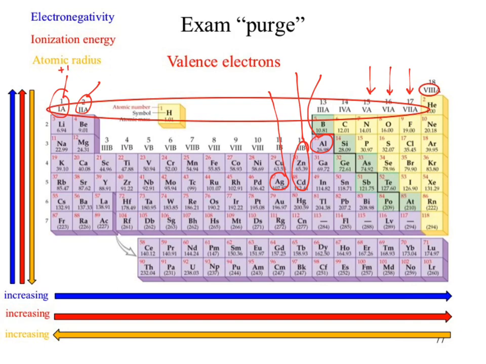This is a +1, +2, +1, +2, +3, -3, -2, -1. Who's saying the charges aren't that big a deal? It may not be that big a deal on this exam. As soon as we move to nomenclature, it becomes huge. You need to remember your ionic charges. Okay?